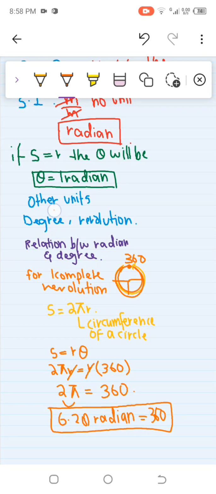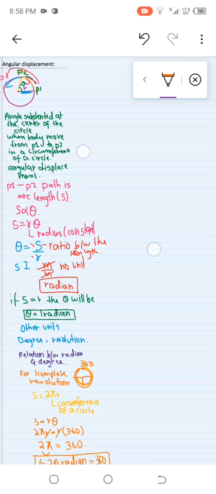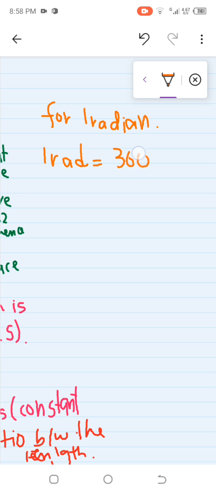Fine. So for finding 1 radian, 1 radian is equal to 360 divided by 2 pi. Whenever you divide 360 by 2 pi, you will get 1 radian.